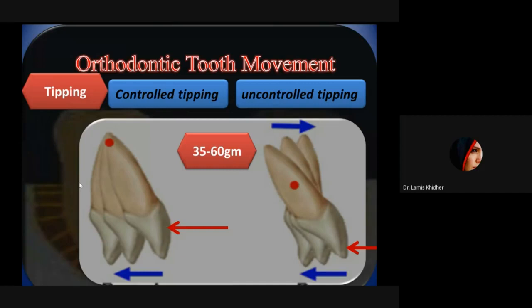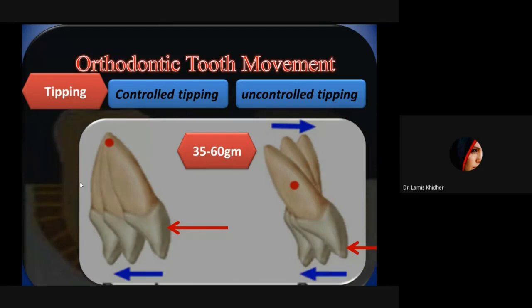This type of tipping movement, controlled tipping movement, can be achieved and obtained by a fixed appliance only.